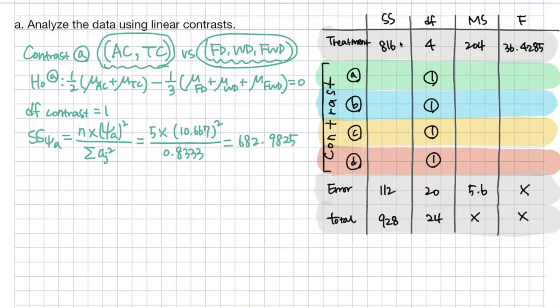So I'm gonna write 682.9825, sum of square psi A divided by degrees of freedom of psi A. So sum of square psi A is 682.9825, and always degrees of freedom of contrast is 1. So mean square of psi A is the same number. I'm gonna copy this number to the right.